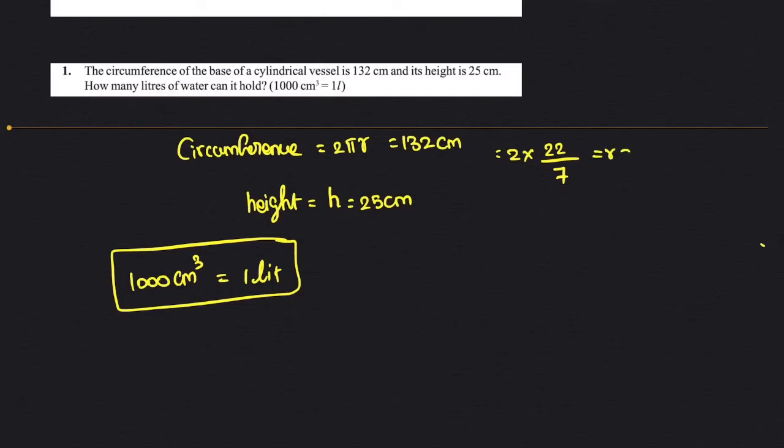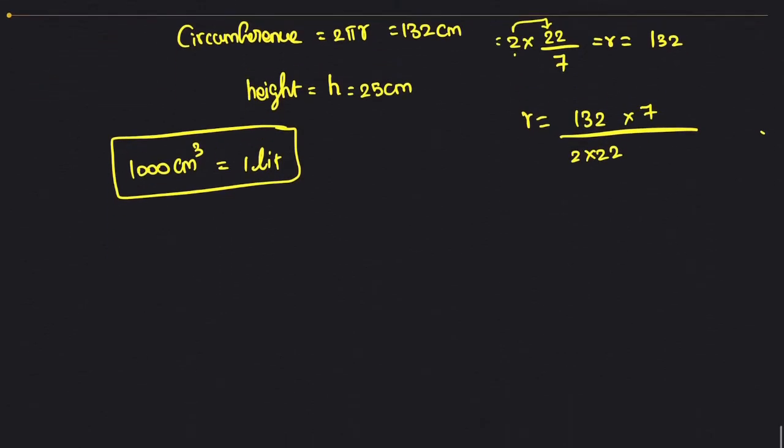So r is equal to 132 divided by, this time the 2 moves to the right side as denominator, 2 into 22 by 7. After simplifying we get r is equal to 21 centimeter.